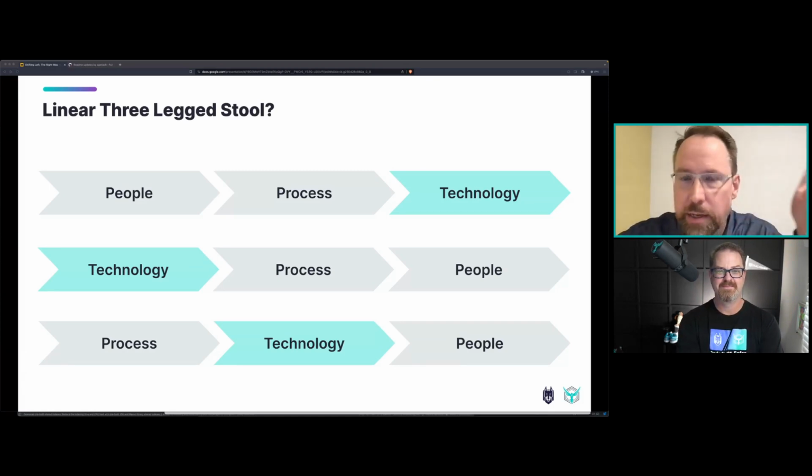You start with any of those three legs of the stool, and you do that one first. You're always going to run into problems if you do it linearly, right? Even if you start with people, which maybe is a great place to start, we got to get everybody on board. That seems like a logical place. Then let's define the perfect process. And now let's go find a piece of software that matches that perfect process. Well, guess what?